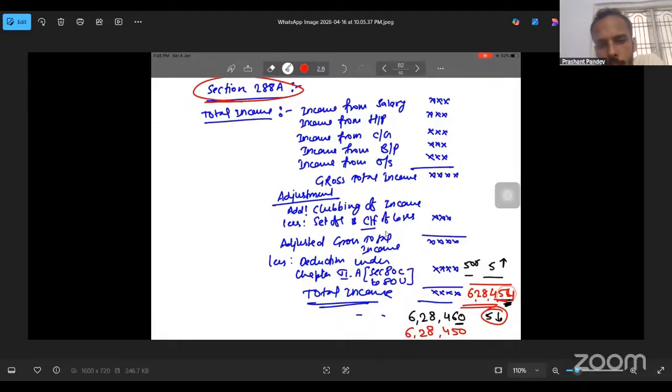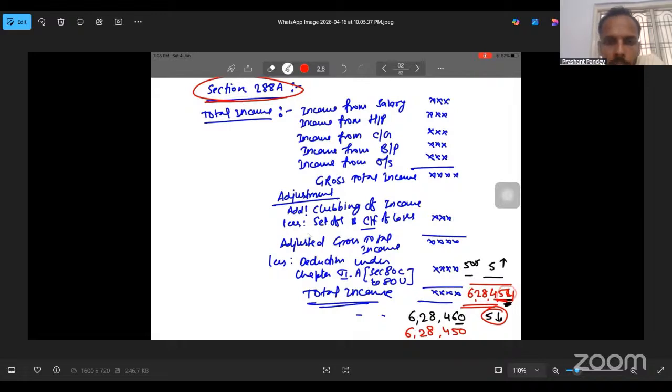Okay, so to reduce the overburdening of the SSC, we have the concept of set off and carry forward of losses. Suppose SSC has a loss of 2 lakh rupees in the previous year, and this year SSC has a profit of 3 lakh rupees.